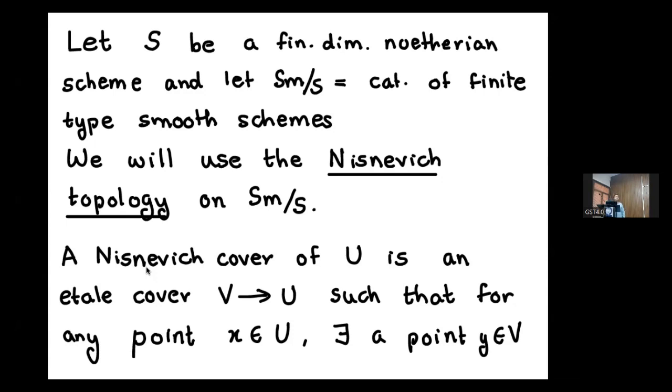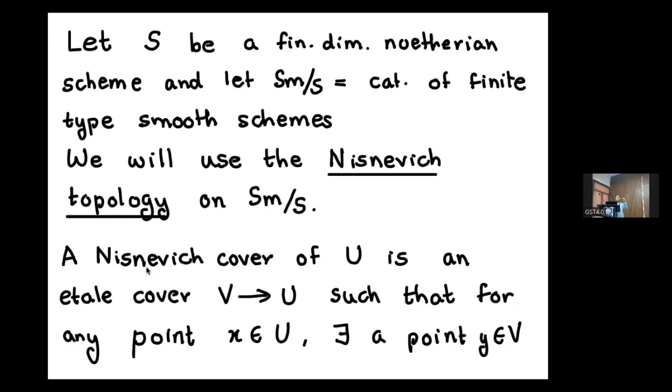So this is something that can happen when you are working with an étale cover: every point is covered by something, inducing an isomorphism of tangent spaces in a certain sense, but the point upstairs is not defined over my original field. It's defined over something else.